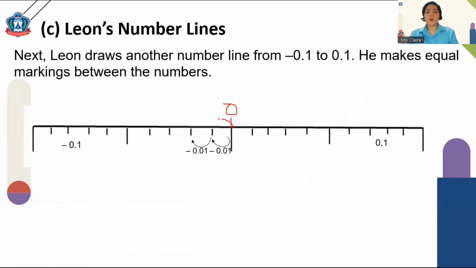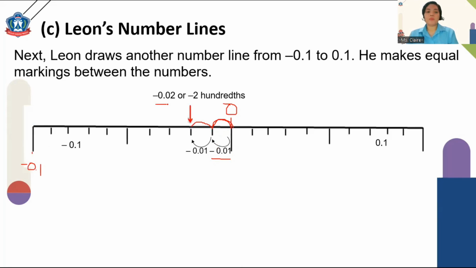So if we count going to the left, that is negative 0.01. From 0 to here, there are 10 small markings, and this is negative 0.1. So every marking here, we count as negative 0.01, negative 0.02.